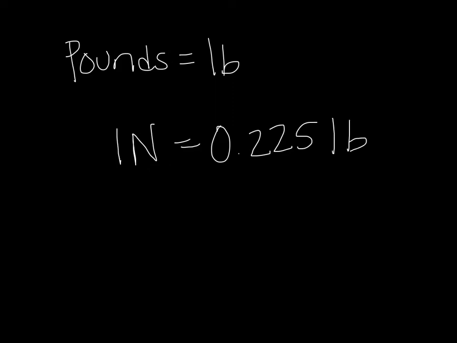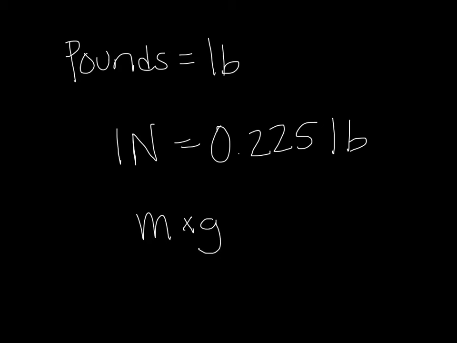And that means that when we talk about weight, we're talking about a force. So when you step on a scale and you're reading your weight, you're actually reading your force. So you're reading your mass times gravity.